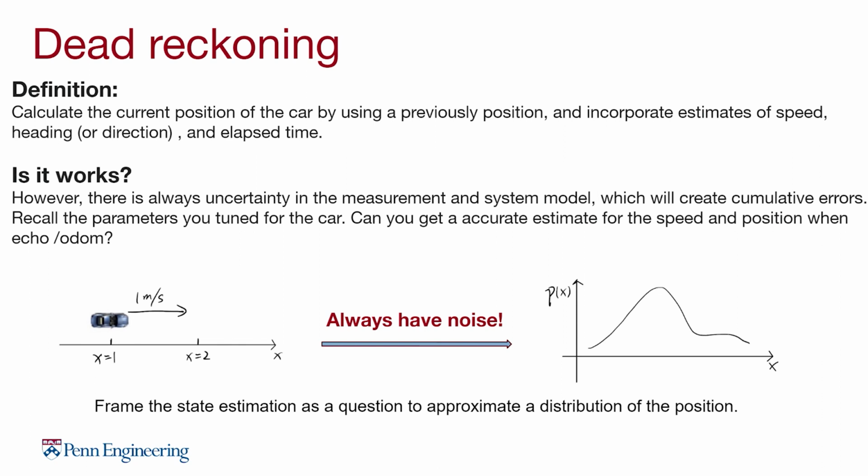In this case, we can frame our state estimation as a question of approximating a distribution of the position. That means we can use many math tools we know from the statistics course to estimate our state distribution.